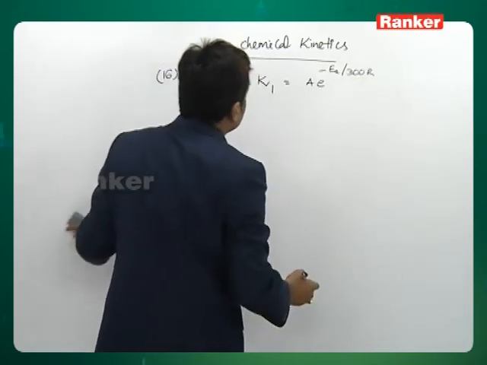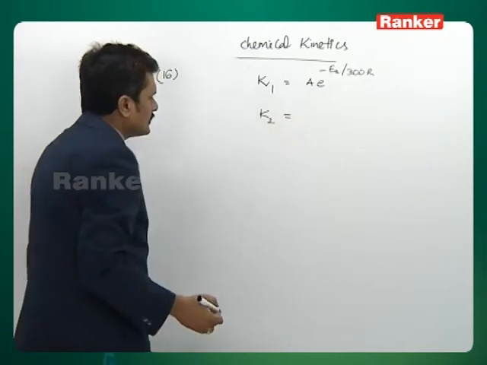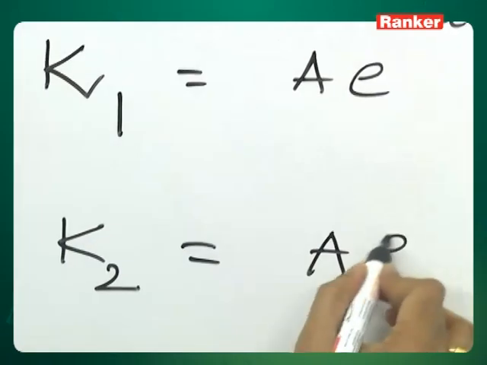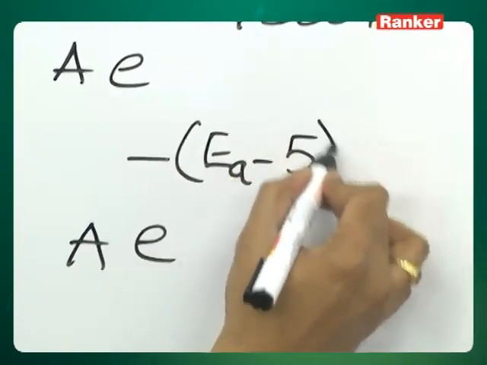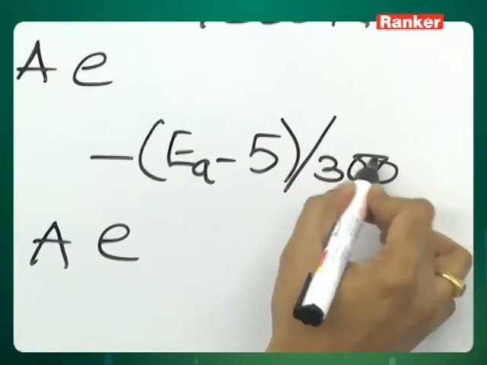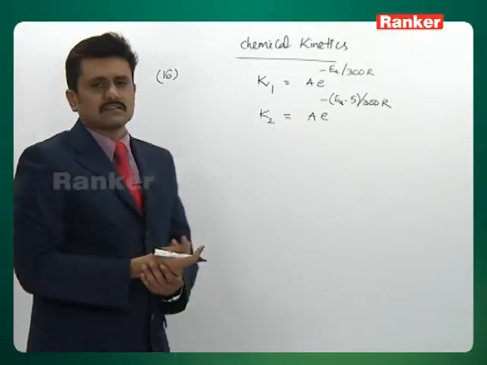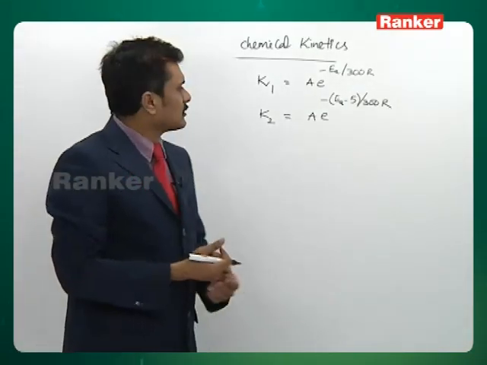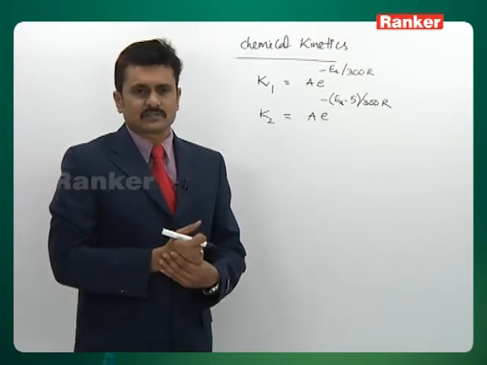Now in the second instance, what we did is we decreased the activation energy of this reaction by 5 kilojoule without making any change in the temperature. Then you have been asked to find the ratio of the rate constants.